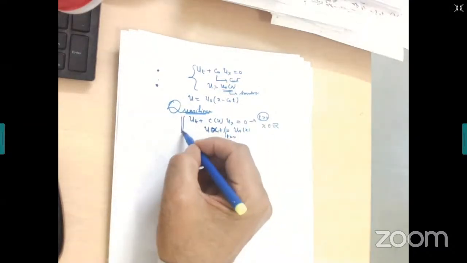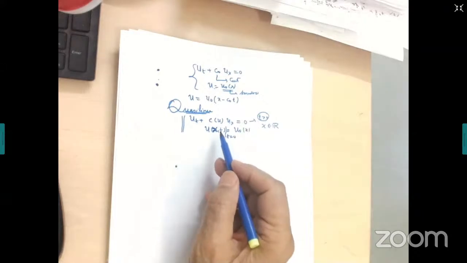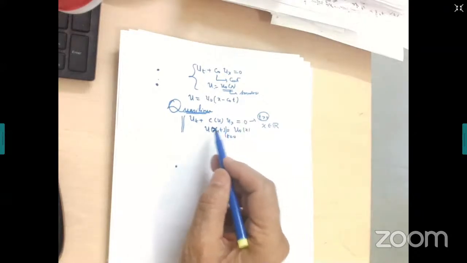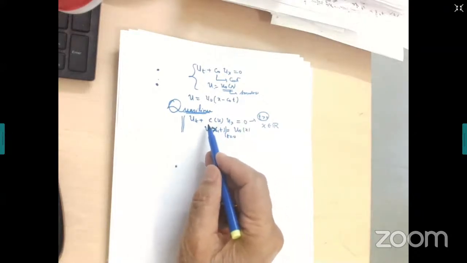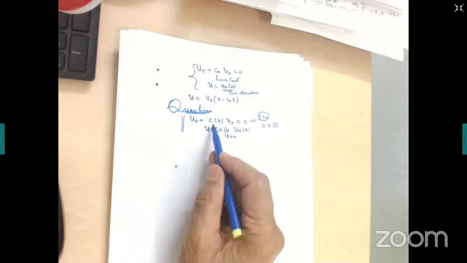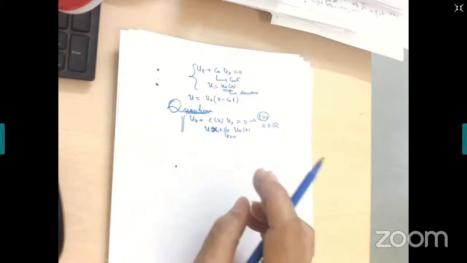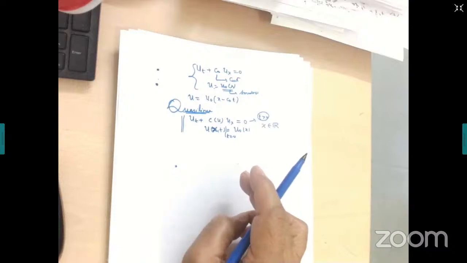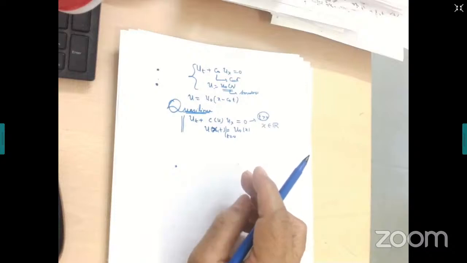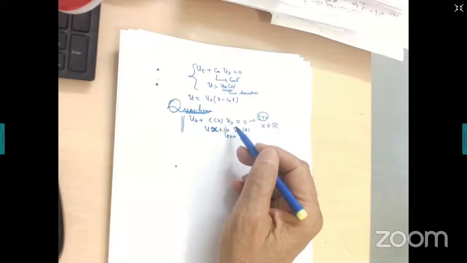So how to solve it? I tell you, this so simple looking equation is highly deceptive. A study of this leads to most of the essential ideas associated with hyperbolic waves and systems. This is extremely important.